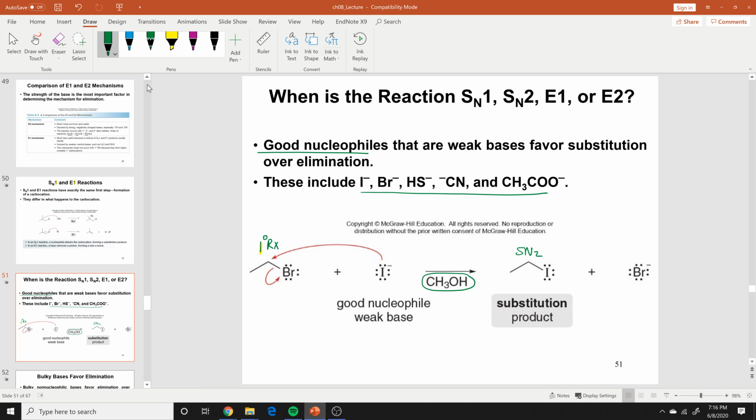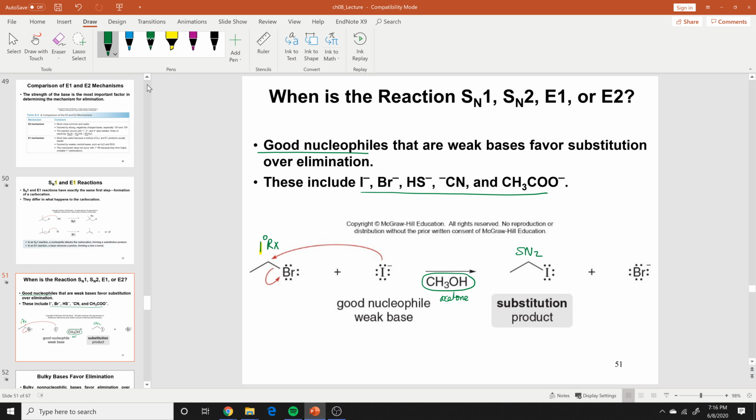We don't prefer to use methanol because methanol is polar protic, and polar protic is going to decrease the rate of the reaction a little bit. It's going to slow it down, but the reaction can proceed to completion. The better solvent than methanol is acetone.